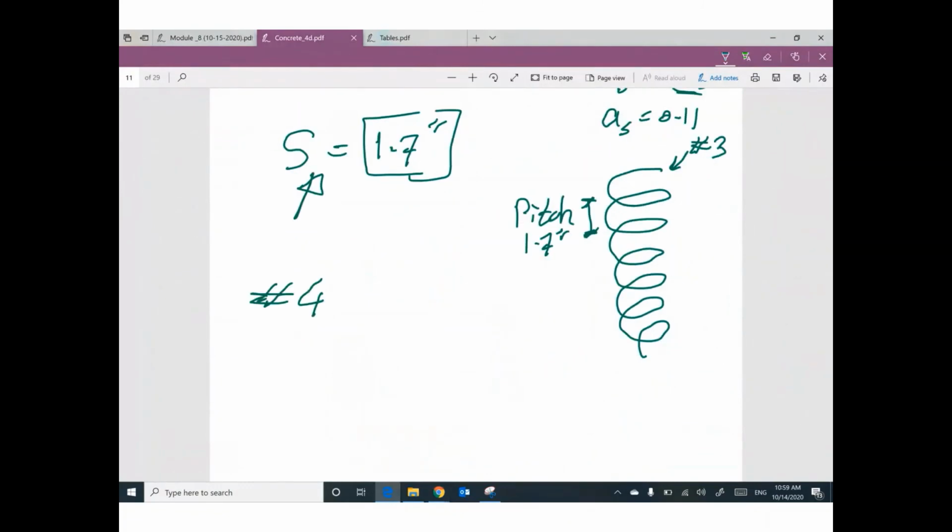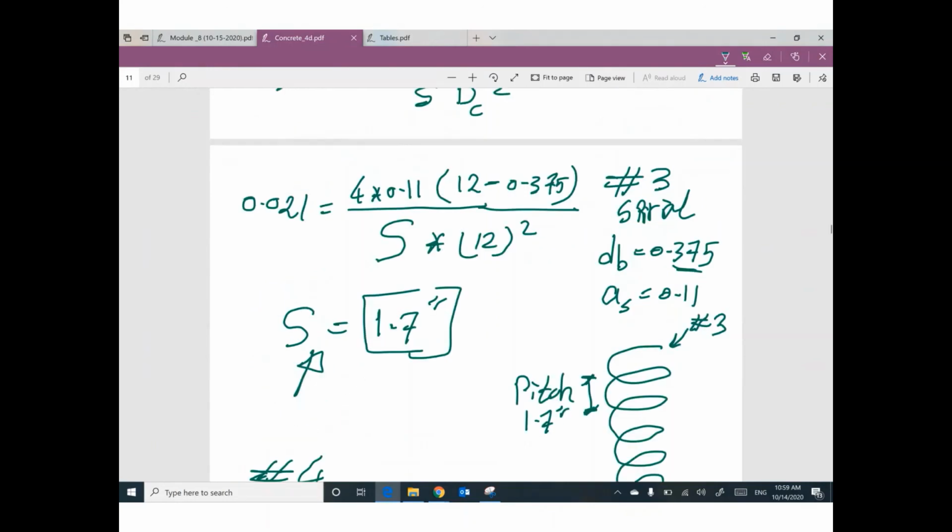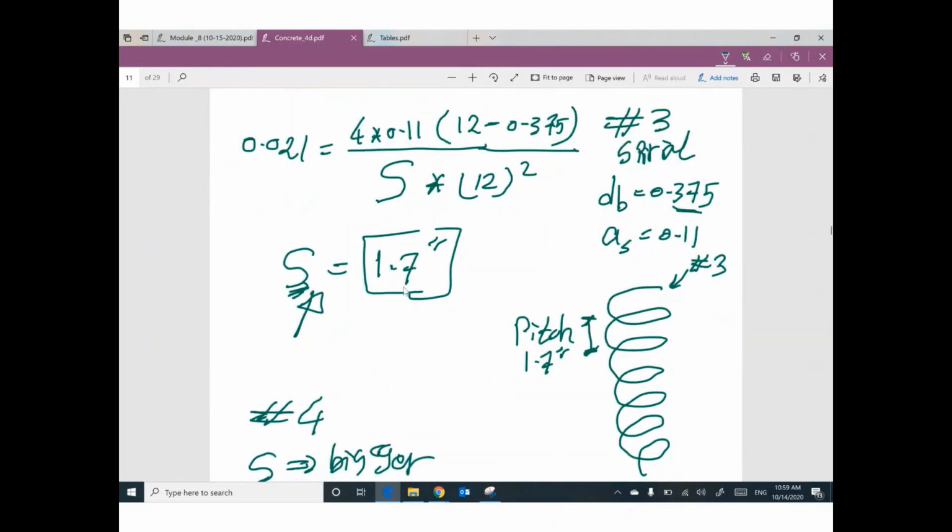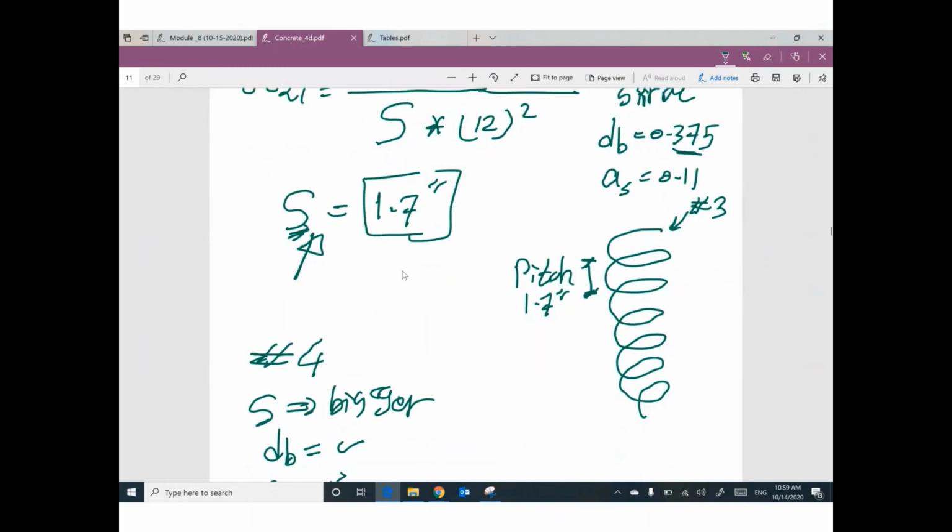If you are using a bigger size, I believe S will be bigger. Try it. What is the diameter? What is the area? Put these numbers here. You will find this S will be bigger, probably 2 inch or 3 inch, or maybe double. I don't know.